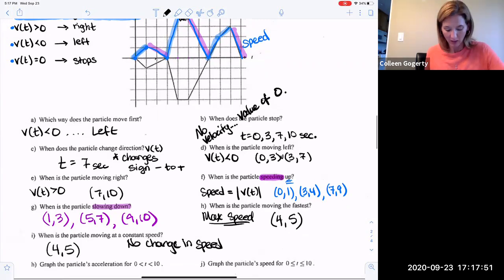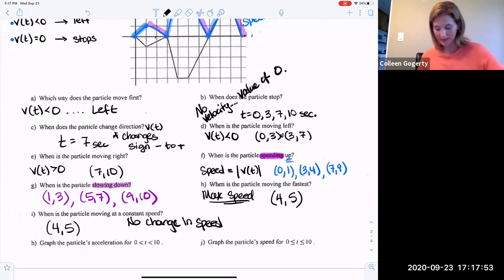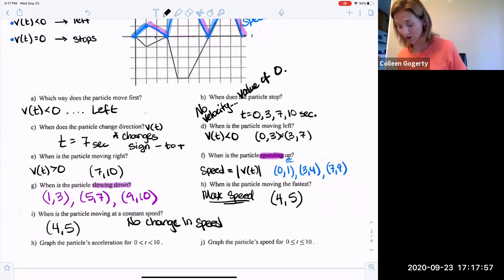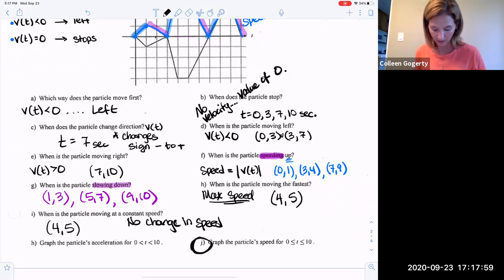And then let's get down to acceleration and graph the particle speed. I actually already did that for J, so I already did that in blue. But now let's graph the particle's acceleration.